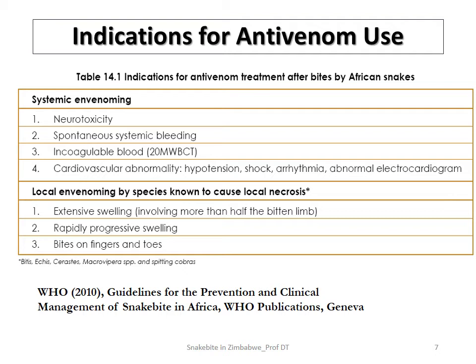So if someone is bitten by a very large or by a large elapid, so somebody is bitten by a black mamba, someone is bitten by a snouted cobra, and you are seeing evidence of neurotoxicity, and we saw the signs and symptoms: tingling sensation in the tongue, metallic taste perhaps, facial palsy, ptosis, and other things like that. You want to give antivenom in such circumstances and situations.